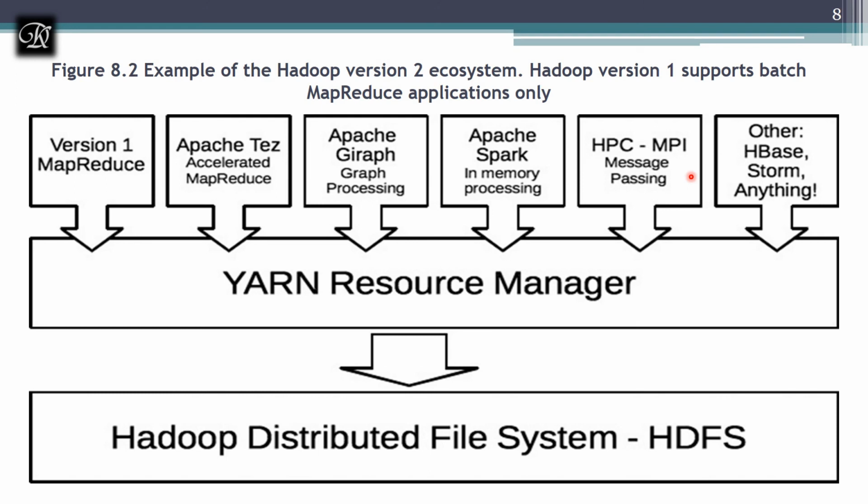And this MPI library was initially written in C and C++. MPI libraries are also written in Fortran, and they support the popular connections for message passing, that is Ethernet and InfiniBand.